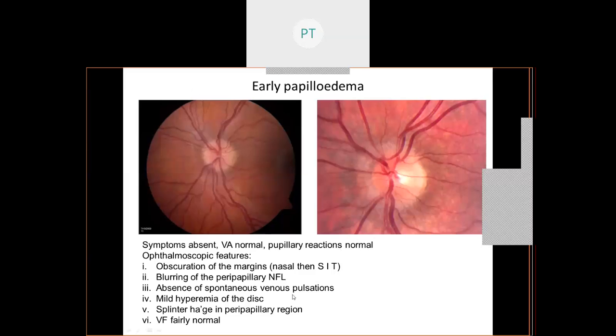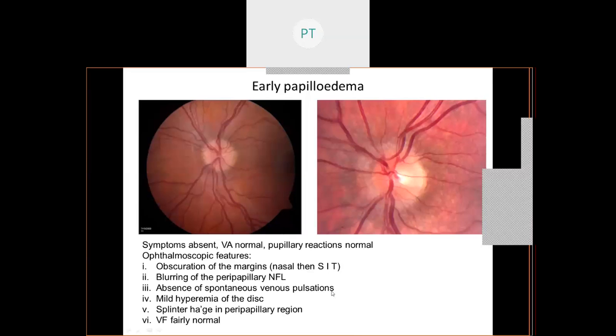So in the early or incipient papilledema, the symptoms are absent. The visual acuity is normal. Pupillary reactions are also normal. The ophthalmoscopic features: if you look, there is blurring of the margins, which begins first in the nasal, then the superior, inferior, and the temporal.